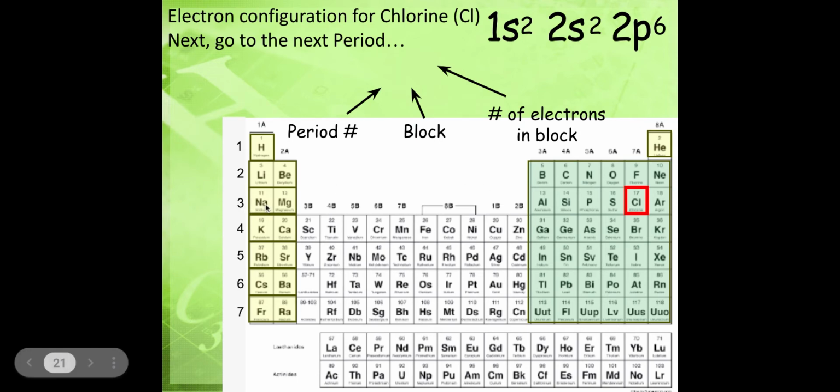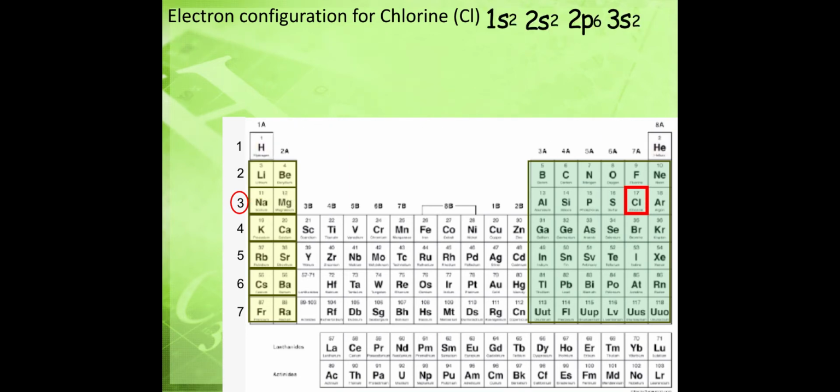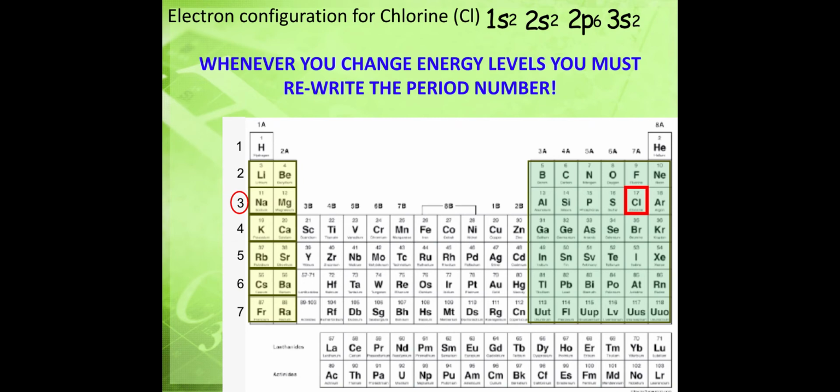And then I come to the next one because now I'm done with period 2. I go to period 3 because my aim is to reach chlorine. And now I'm in a different energy level, so I need to write that energy level number. And so I have sodium, magnesium, that's 2. So I write 3s and then 2. Okay. And I'm done with that. But I'm still in the same energy level.